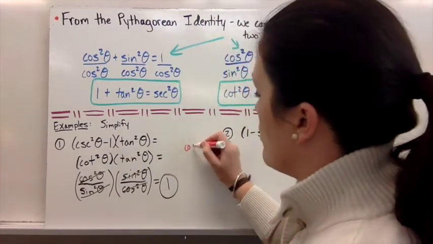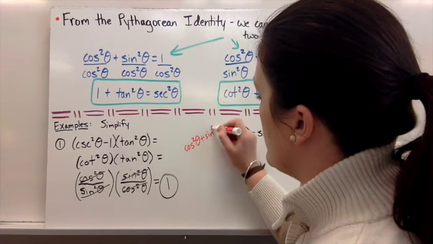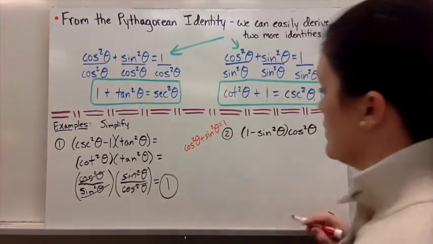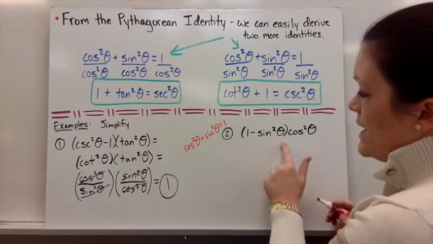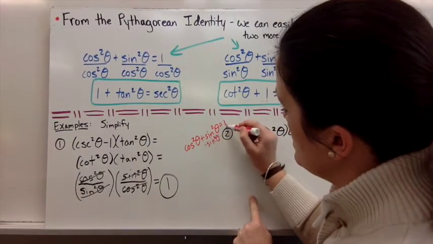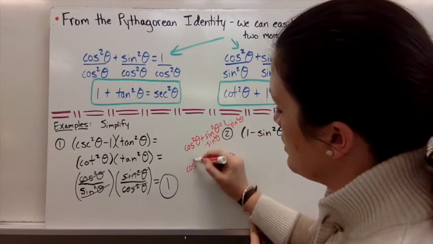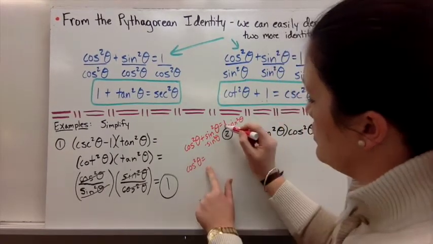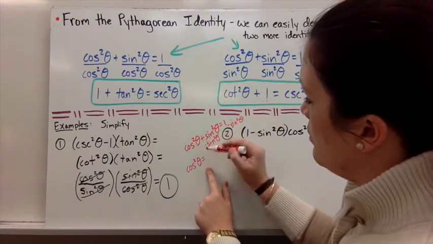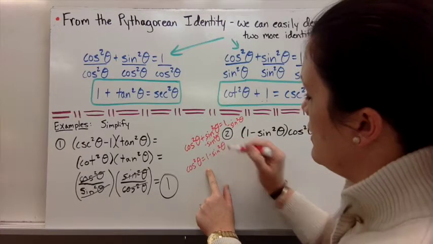We wrote down on our first board cosine squared theta plus sine squared theta is equal to 1. So if I subtract sine squared theta, I would end up with cosine squared theta is equal to 1 minus the sine squared theta.